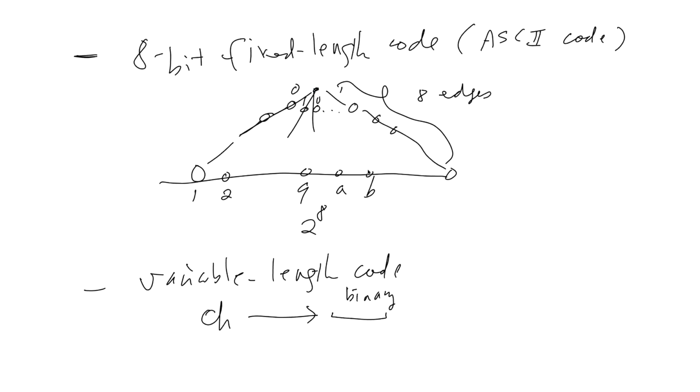So the encoding part is arbitrary, but you want to make sure that when you do decoding, there is no ambiguity. In order to satisfy this, we want a prefix code.